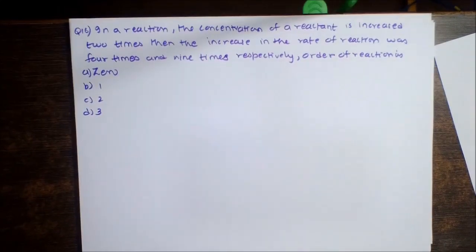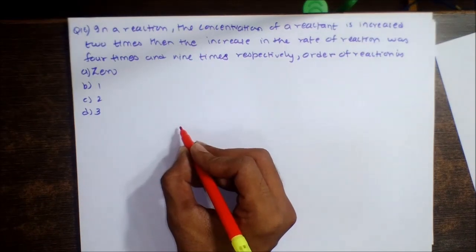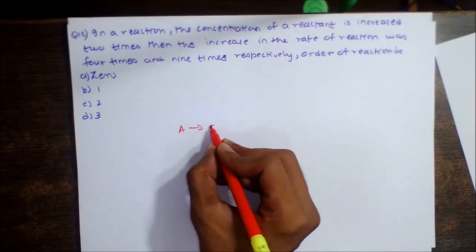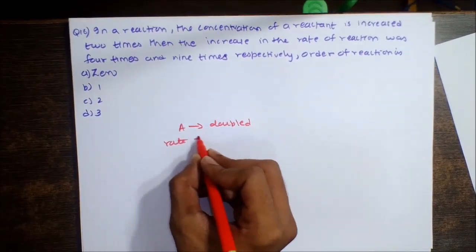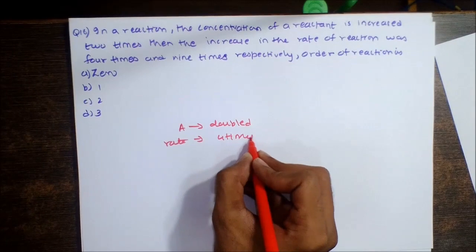Question 16. In a reaction, the concentration of reactant is increased 2 times and 3 times. Then the increase in rate of the reaction was 4 times and 9 times respectively. Order of the reaction is. Now the question says, when concentration of a reactant A is doubled, the rate becomes 4 times.